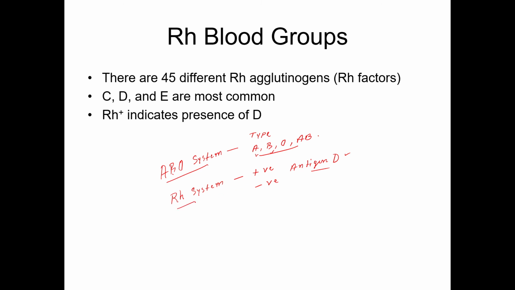And that is called Rh system. Why? Because this D antigen was first isolated in rhesus monkey. So that's why this name was given Rh system or factor.